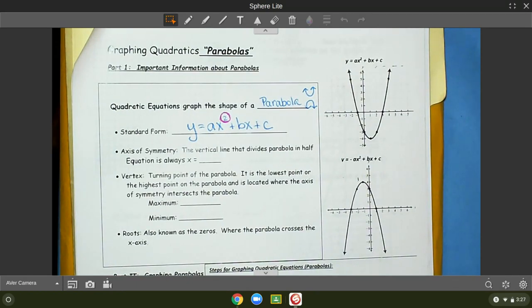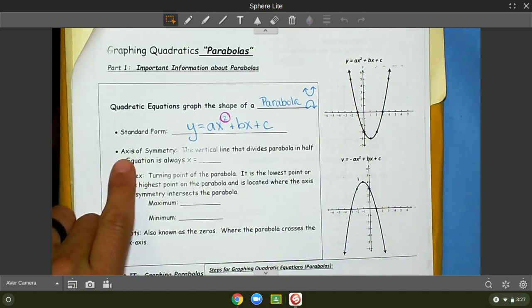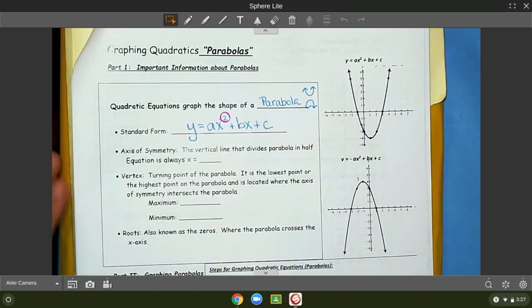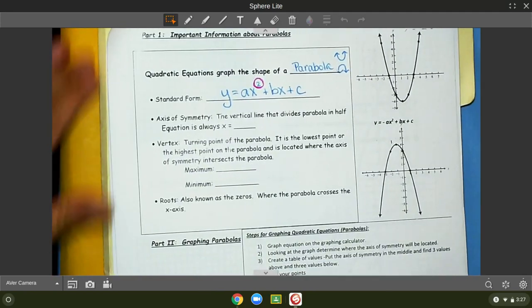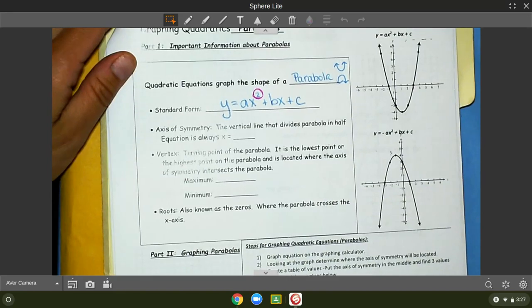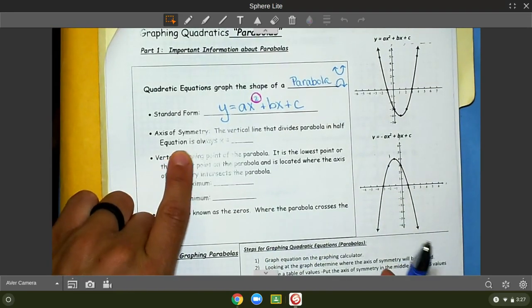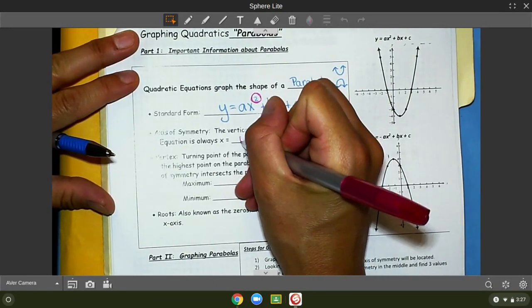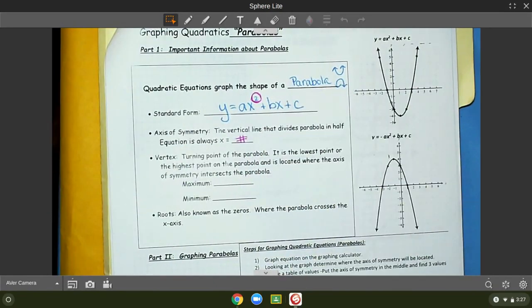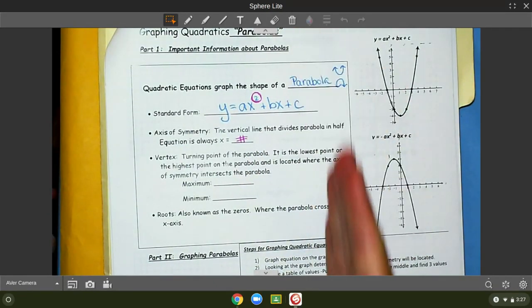Okay, other really important things to know about quadratic equations and parabolas is the axis of symmetry. Now, the axis of symmetry is the vertical line that divides the parabola in half. Its equation is always x equals a number, because it's a vertical line, it goes straight up and down.